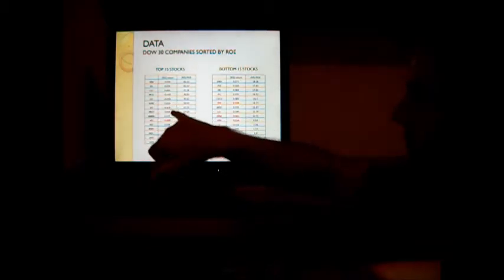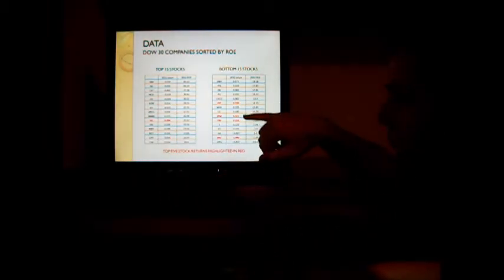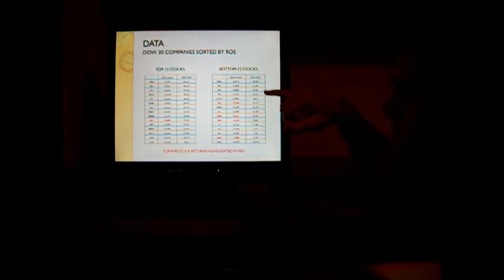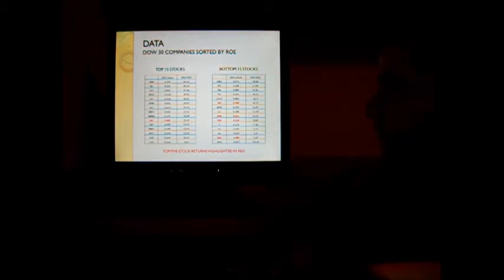I also highlighted in red the stock returns of the top 5 companies in terms of stock return for 2012. Looking just at the surface, it doesn't look like our hypothesis is going to hold true. Home Depot, which had the highest stock return for 2012, is near the bottom of the top 15 in terms of ROE, and the remaining 4 companies with the top returns of 2012 all fall in the bottom 15 of the list in terms of ROE.